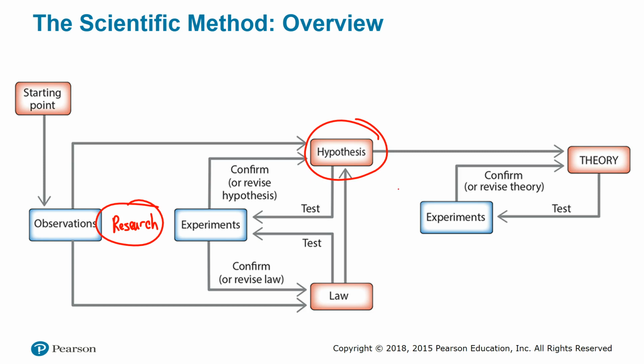So anyway, going from hypothesis. After you've tested your hypothesis enough, it may end up being a theory. You may have to revise that hypothesis, though. All right? So as a theory, that means that it's been tested or confirmed over a long period of time.